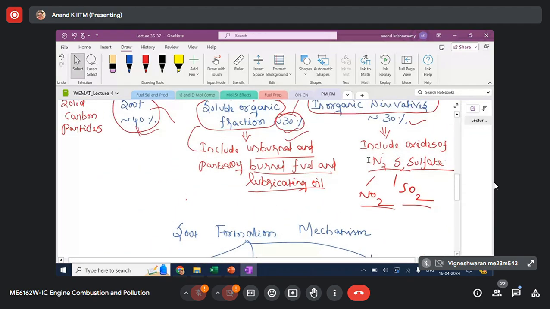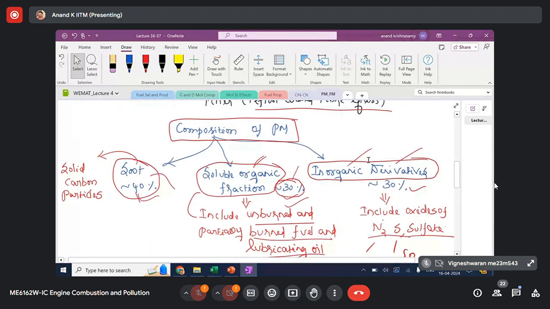Out of these three constituents we have just discussed, the major component is soot. So if you have to control particulate emissions from a diesel engine, you need to control soot. Why? Because the soot, or solid carbon, gives a surface for the other particles to attach to. For example, if you don't have soot, you don't have the soluble organic fraction, because soot is carrying the soluble organic fraction.